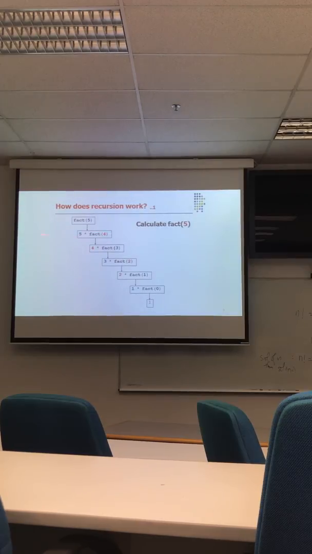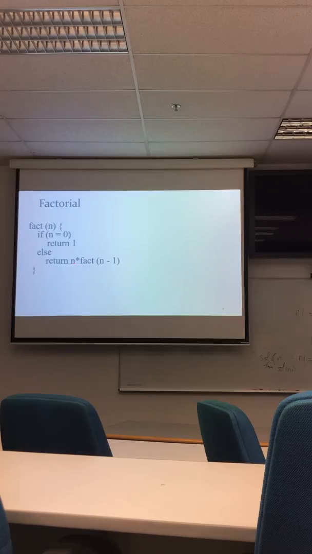So this is the first recursive call. The original call is factorial 5. That generates a recursive call, factorial 4. And in order to calculate factorial 4, you will use the same algorithm again. We call it recursive because this algorithm calls itself, right? If an algorithm calls itself, that means the algorithm is a recursive algorithm.